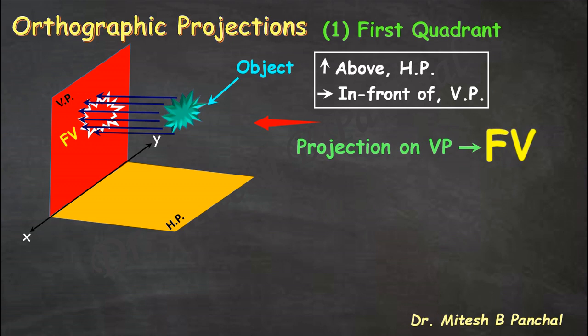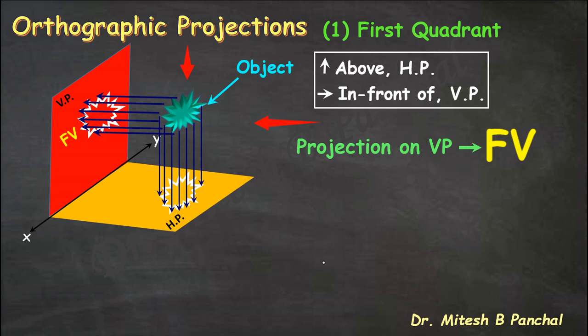For the top view, we have to look at the object from the top of the HP, means from this side. When you are viewing from this direction, the plane of projection is the HP. Now when you consider the orthographic projection, all projectors are parallel to each other, and we get the projection of the object on HP like this.